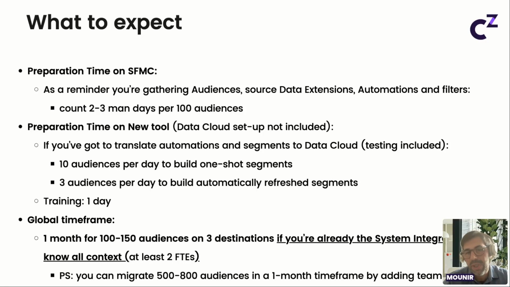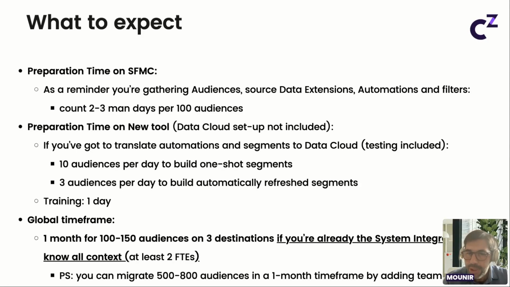That's what we've seen. If you've got the good Google Sheets, you know exactly what you're looking for. You have people used to working with different navigators to be able to open Salesforce Marketing Cloud on different screens. You can do this in 2-3 man days.